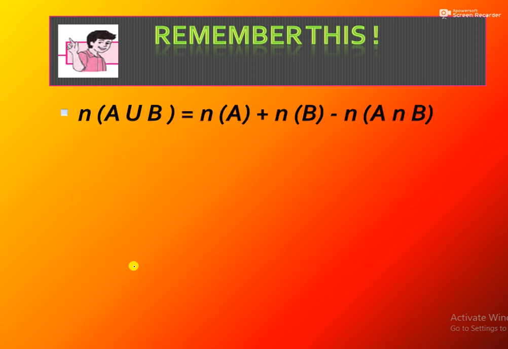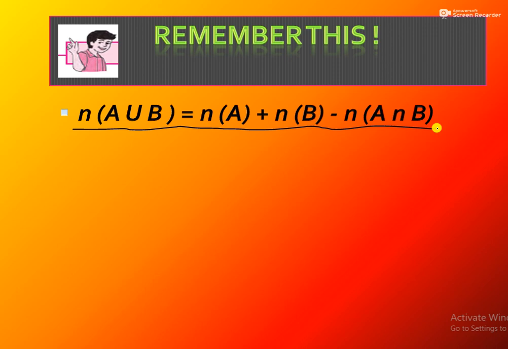So you have to remember something. There is one formula for the number of elements in union and intersection of sets A and B. This is the relation of the number of elements in the given sets. You have to remember this formula: n(A union B) is equal to n(A) plus n(B) minus n(A intersection B).